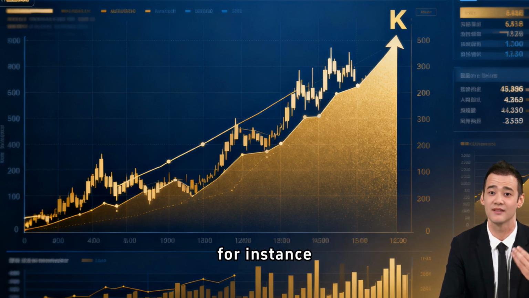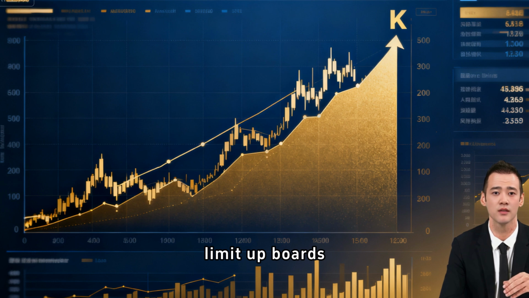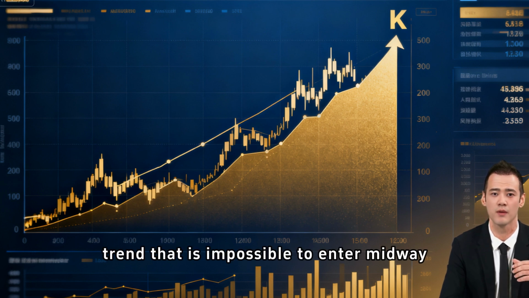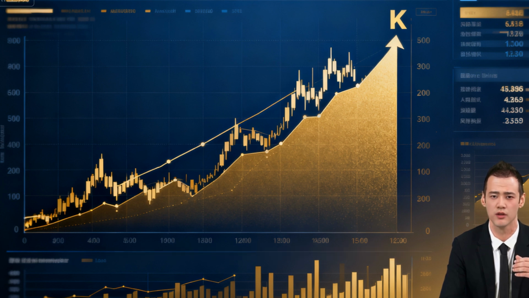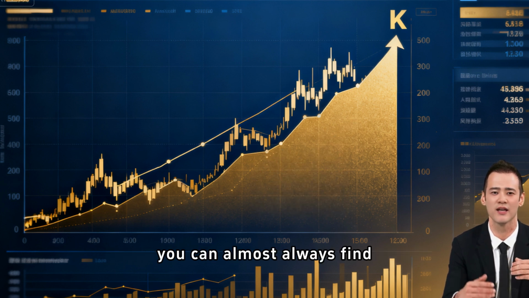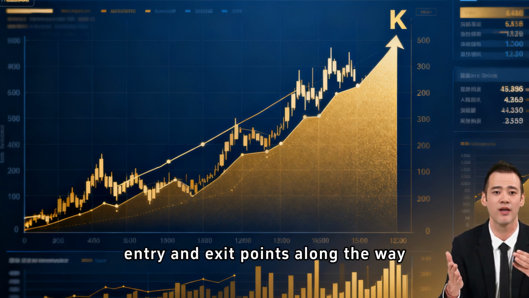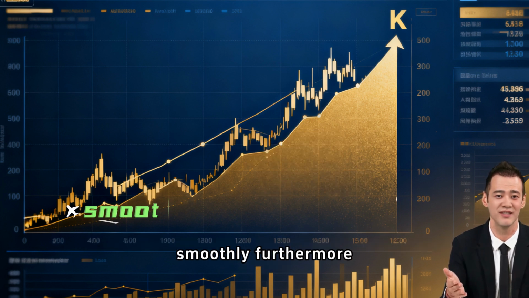For instance, a stock might start rising due to good news and hit consecutive limit up boards, creating a very steep, parabolic trend that is impossible to enter midway. In markets without price limits, trends typically develop more continuously. You can almost always find entry and exit points along the way, allowing technical analysis tools to be applied more smoothly.